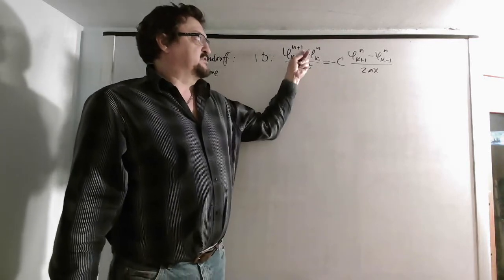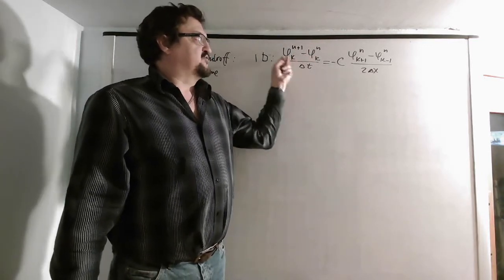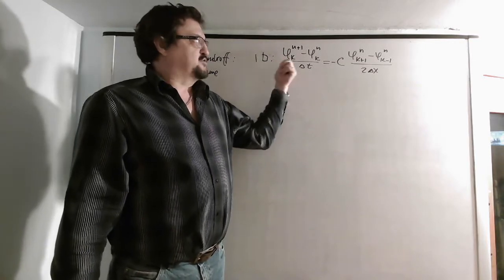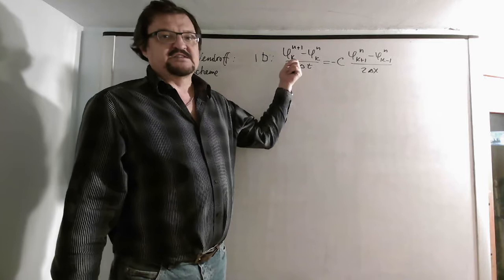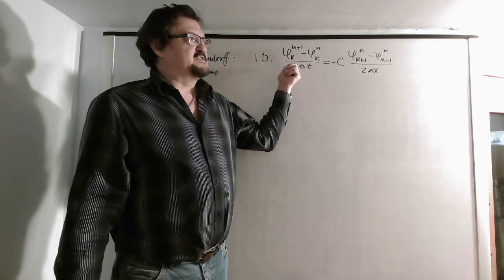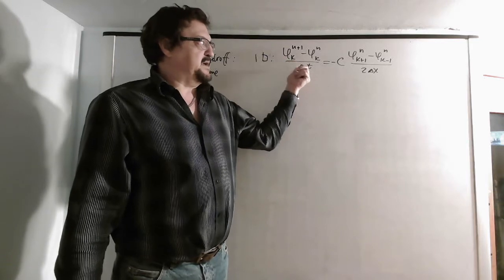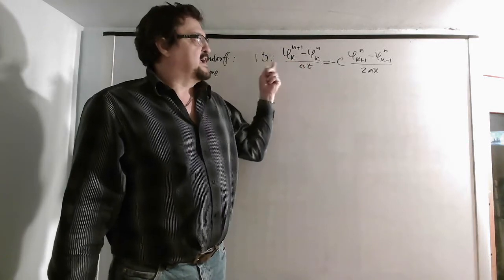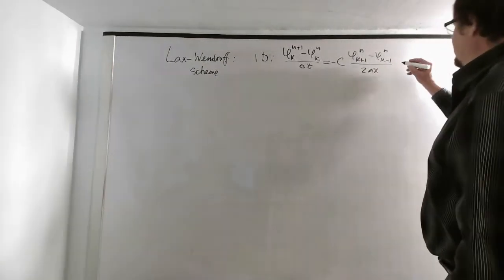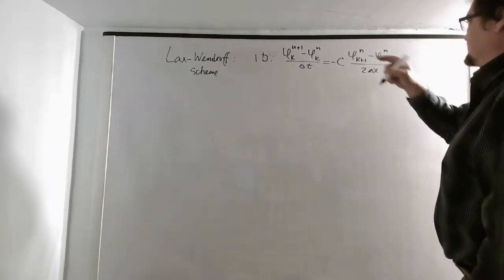The reason is that you have diffusion that arises from the time derivative approximation. If you expand, as I showed before, the second order derivative in time translates into a second order derivative in space with a negative diffusion coefficient. So in order to compensate, we need to add a diffusion term explicitly to cancel it out.